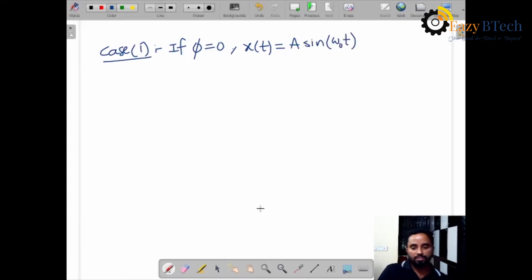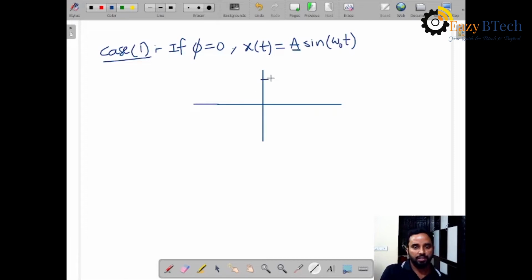And if you plot this waveform, how is A sine omega naught t? I am plotting it. Here A is the peak amplitude.